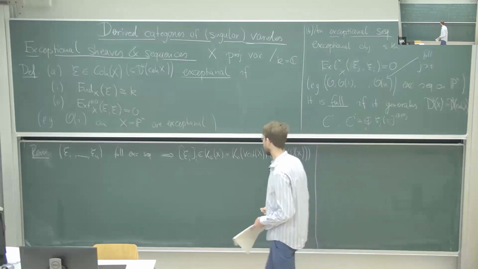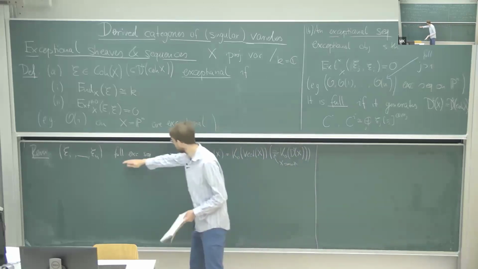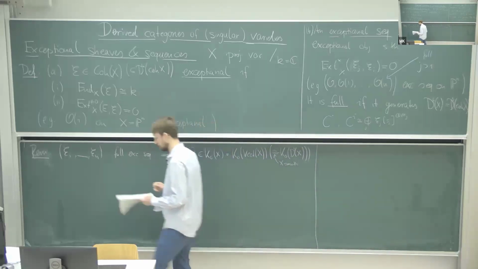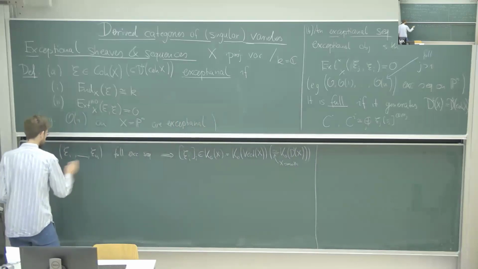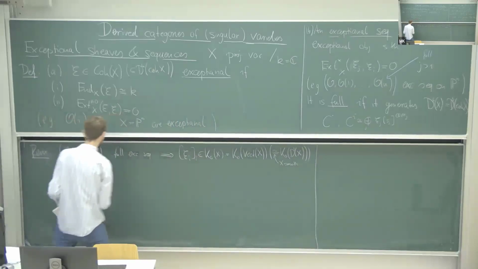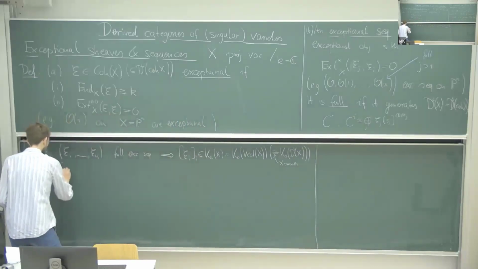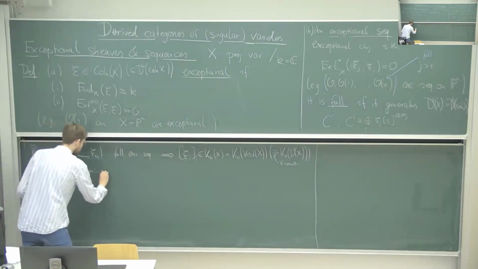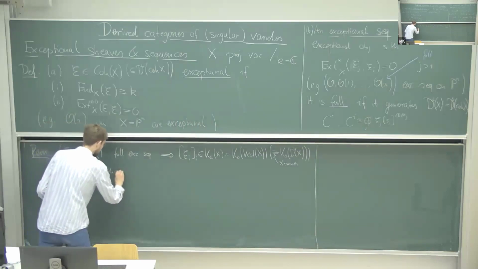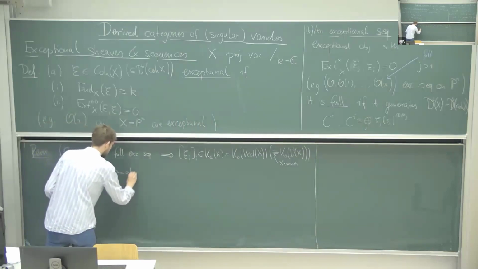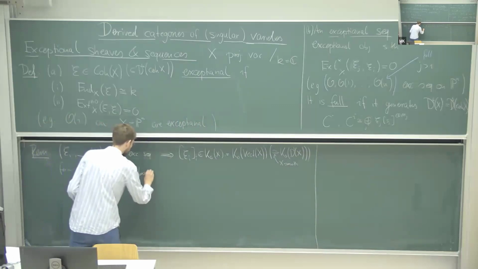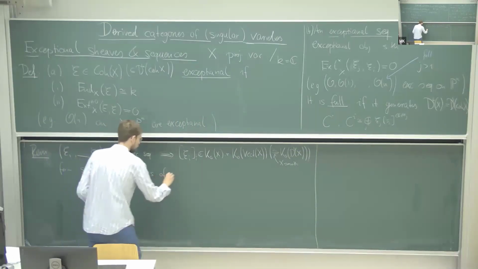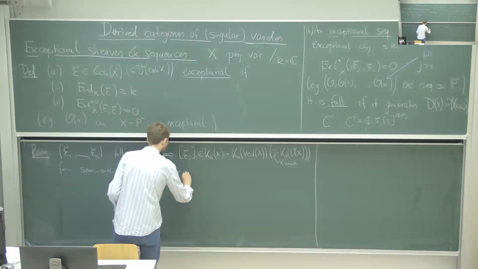Okay, so what's the statement? If we have such a full exceptional sequence, then these classes in the Grothendieck group form a semi-orthonormal basis of the Grothendieck group.